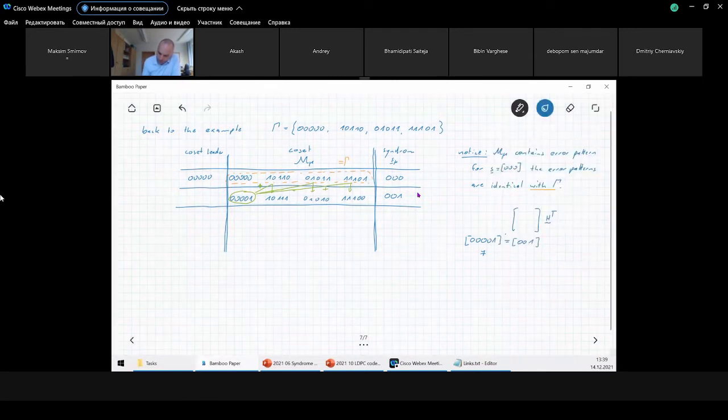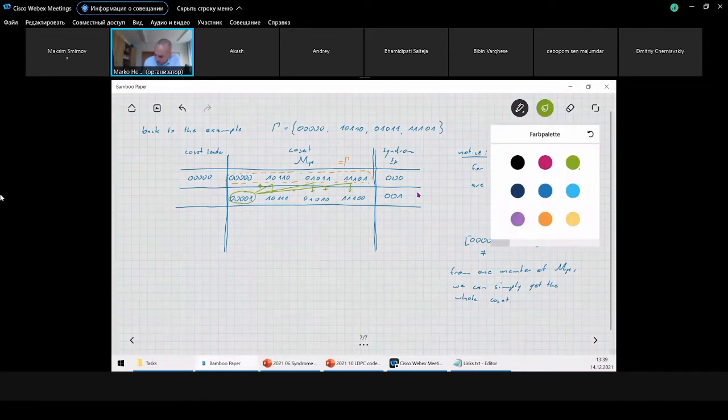So basically from one member of the coset, we can simply get the whole coset. This is actually what we did here in green.